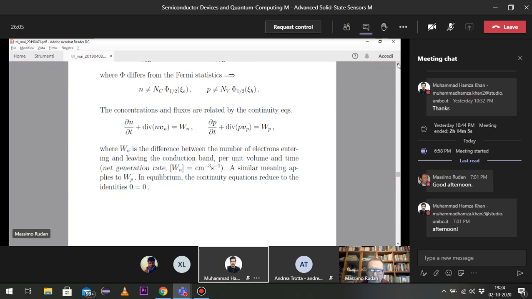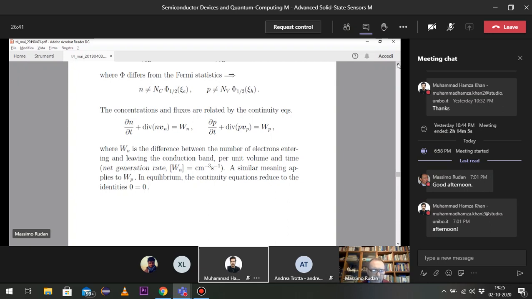So in all cases, if you have a transition of an electron or of a hole from the conduction band to the valence band or vice versa, or even from a trap belonging to the gap into a band, or vice versa, all these transitions anyhow imply an exchange of energy with something else, okay?